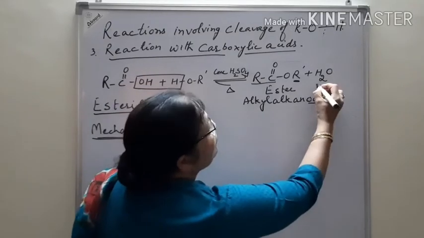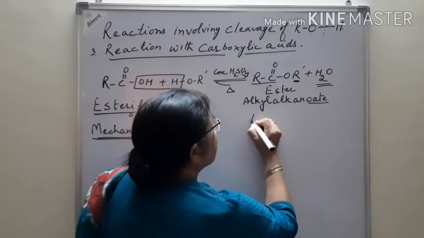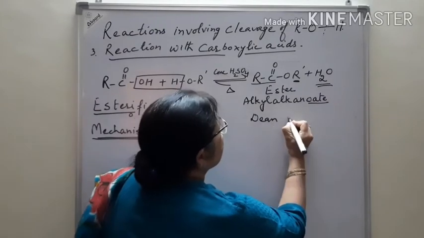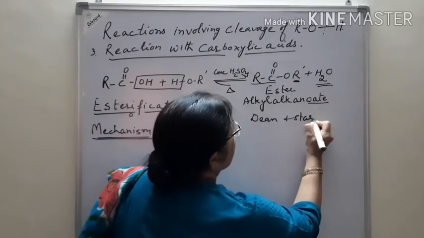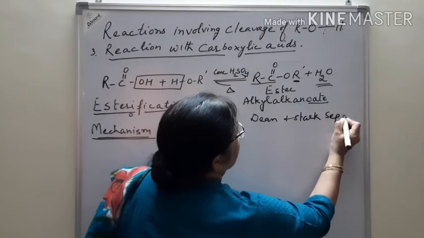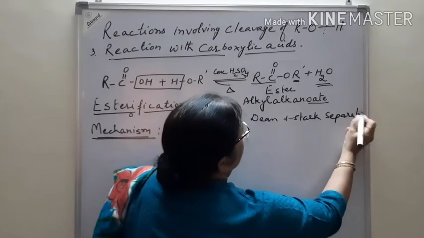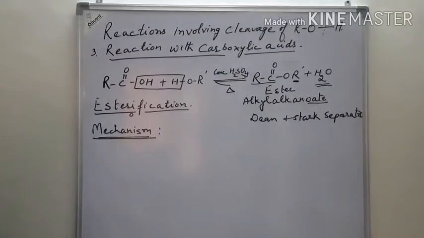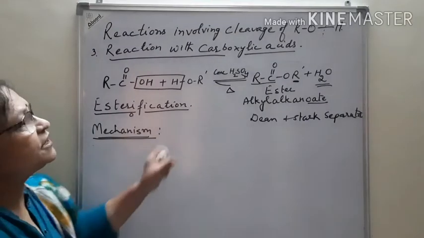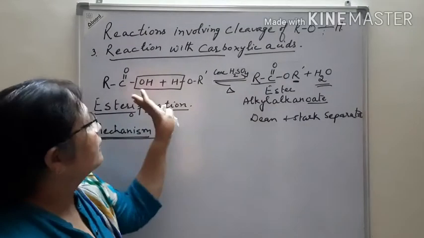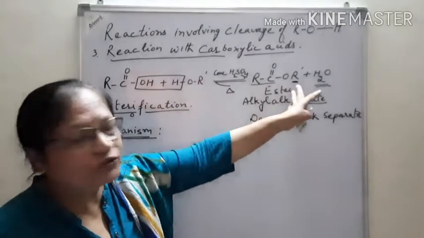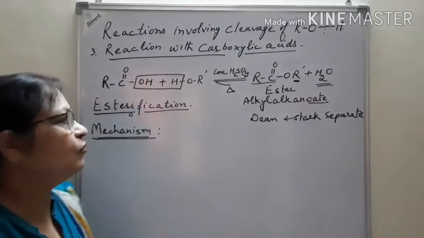During the esterification, you remove water by a separator. Water is heavier, so it settles down and is removed, and the ester is left, right? If one of the products is removed, the reaction will go forward.